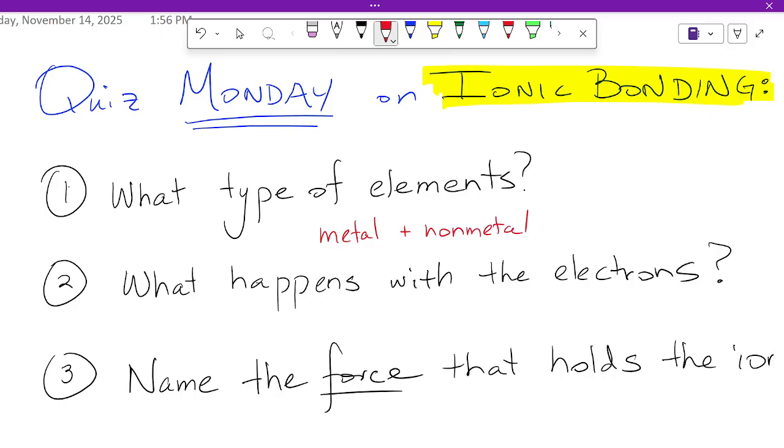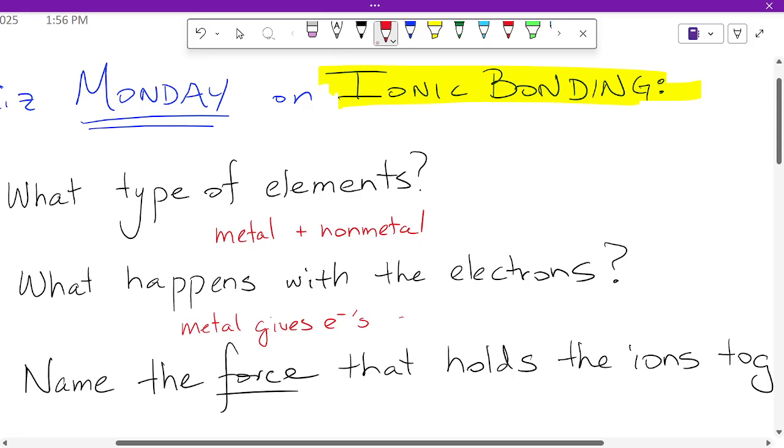What happens with the electrons? They're given and taken. The metal gives electrons, and the non-metal takes electrons.